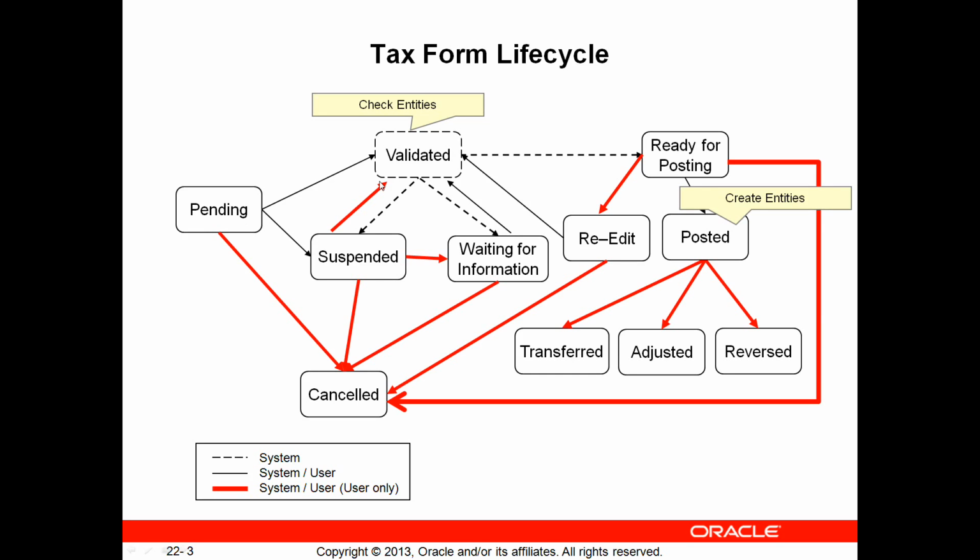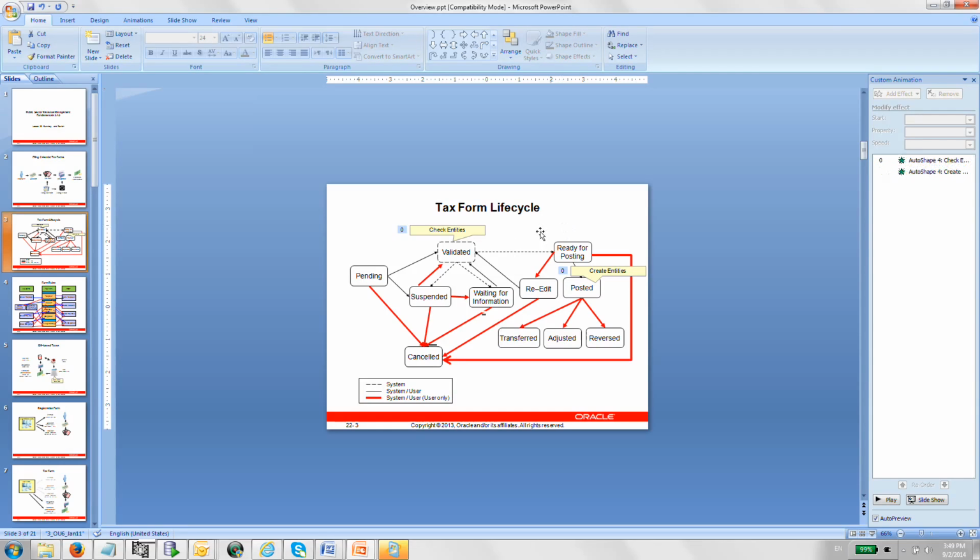In the validation step, we're going to check to see whether the different entities, person, account, and so on, are already created. And if they are created, we will actually place the entity IDs onto the tax form. And if they haven't been created, then at the state of posted, the entities will be created. How does that work in terms of the system? Well, let's have a look.